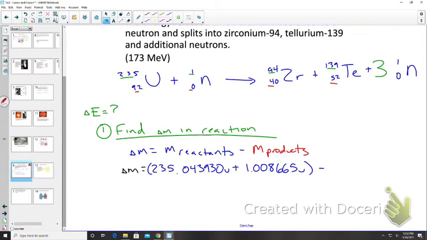I'm just going to move down here. So the mass of zirconium 94 is 93.906315 atomic mass units, plus the mass of tellurium 139, which is 138.934700 atomic mass units, plus 3 neutrons we have.